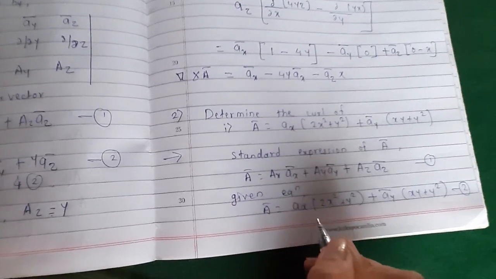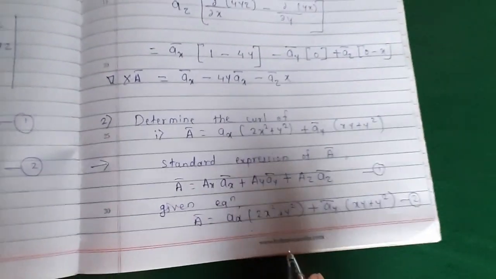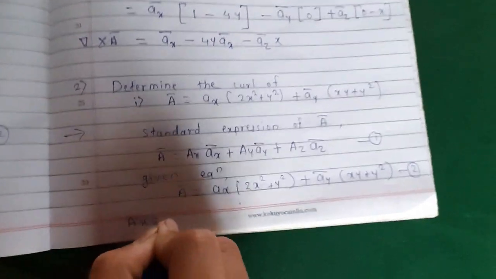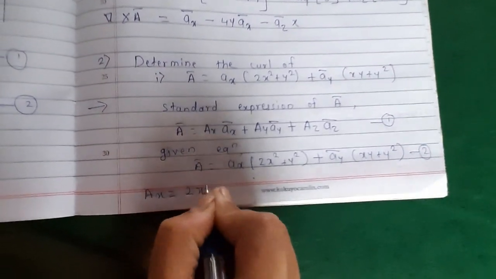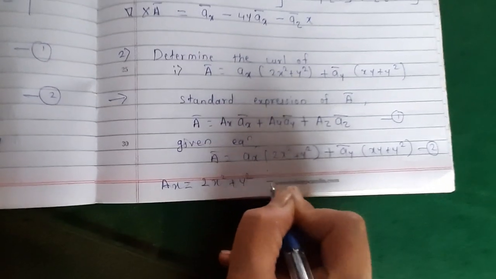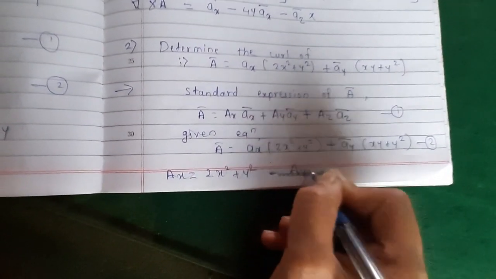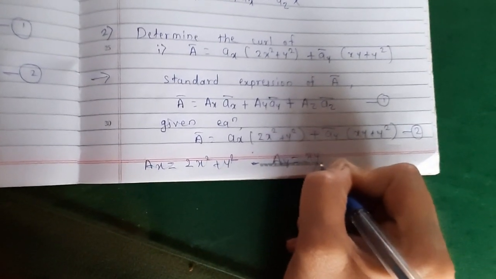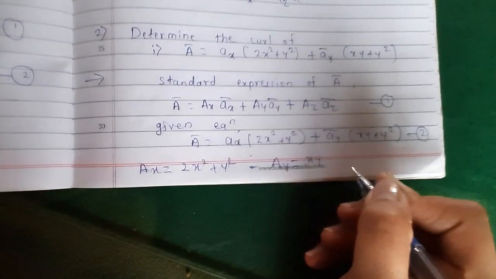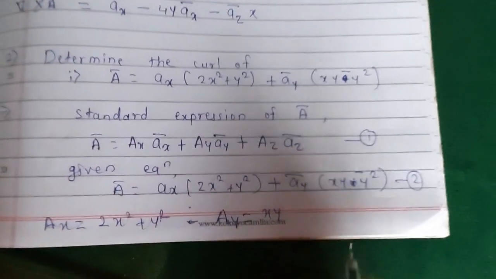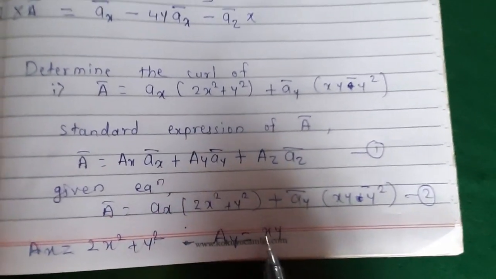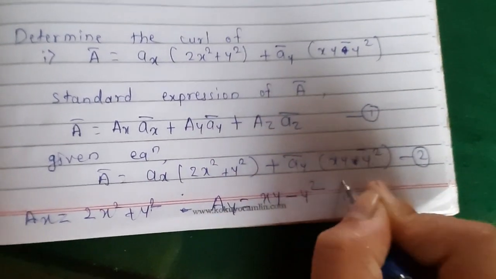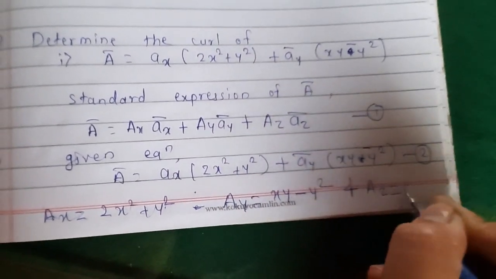Now we compare equation 1 and 2, and by comparing it we get the values Ax is equal to 2x square plus y square, Ay is equal to xy minus y square, and Az is equal to 0.